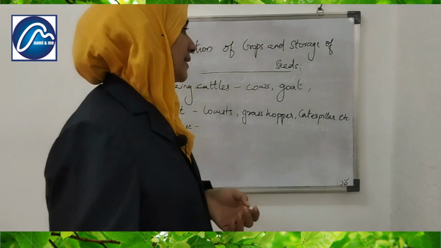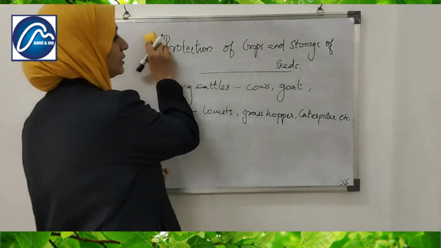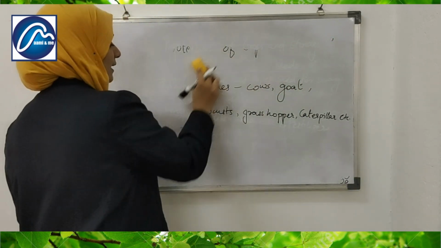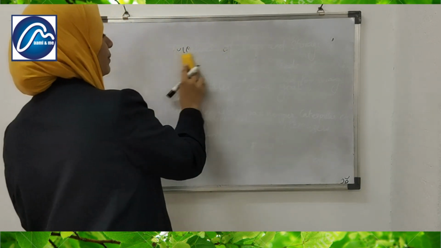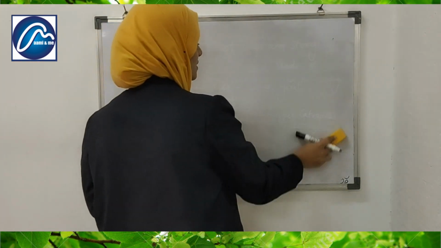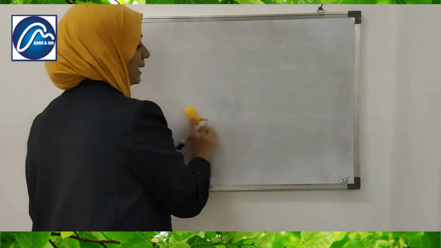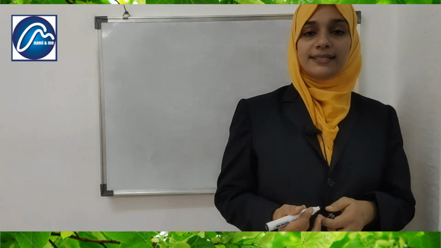In this chapter, we have studied the importance of plants and how plants increase their number, then the different types of crops, vegetables, then different types of soil, then the proper way of protecting crops and storage of seeds, and how we can increase the quality of seed and how we can make proper, good and healthy crops.